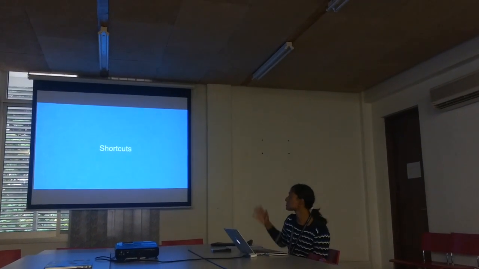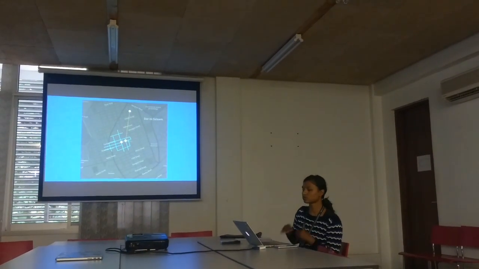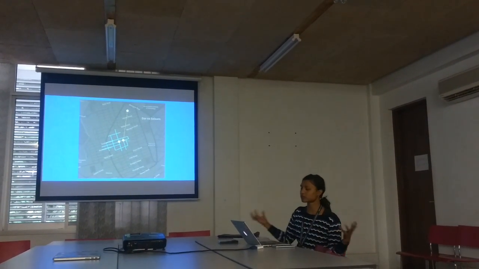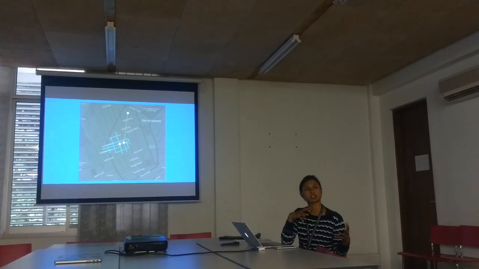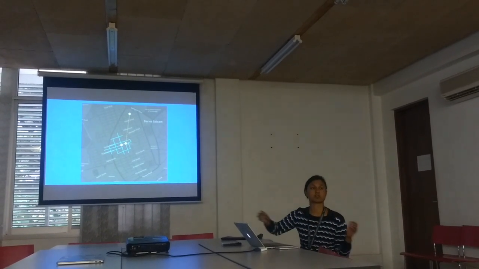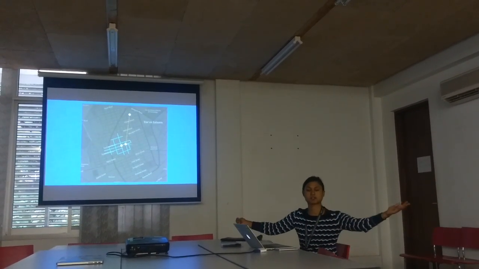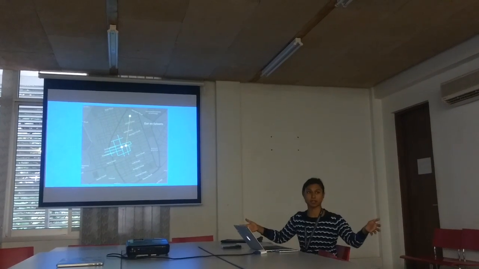So the answer is shortcuts. You just don't go through the whole graph. Or, when you're creating the graph, you can figure out which roads will be widely traversed. So if you're going from Tanzania to Ghana somewhere, there's probably a big highway you can use.